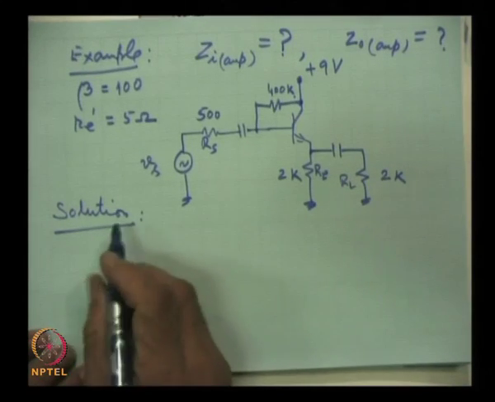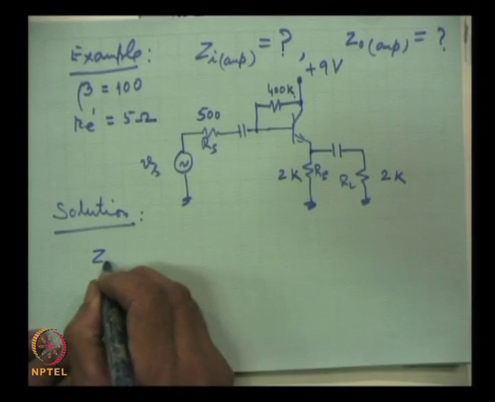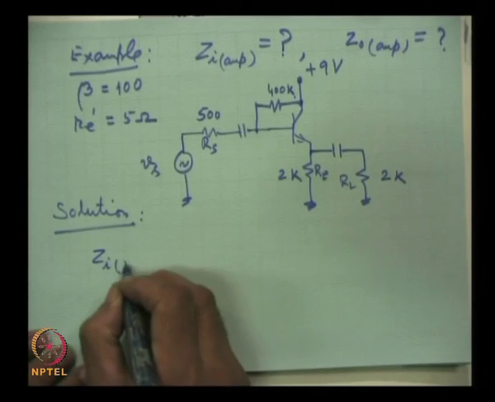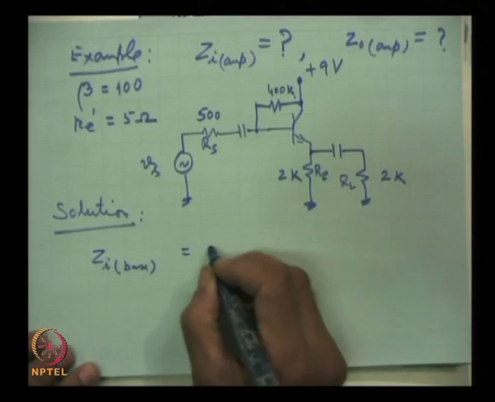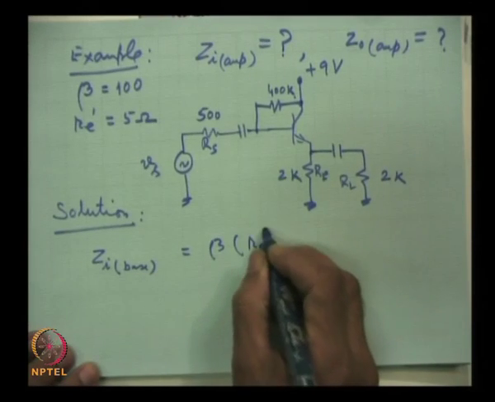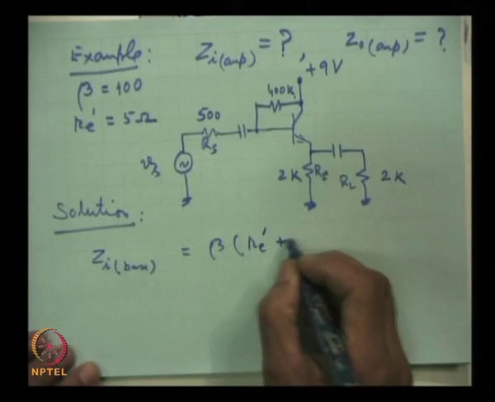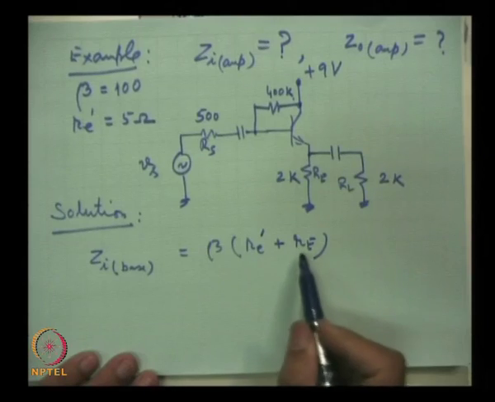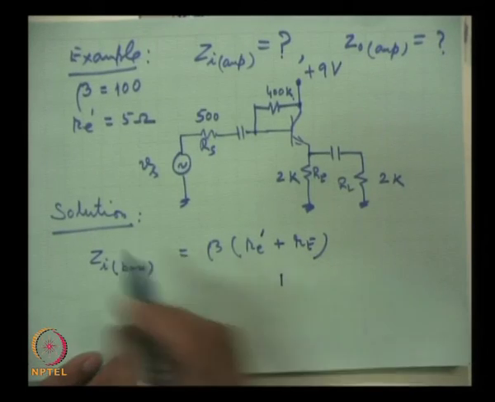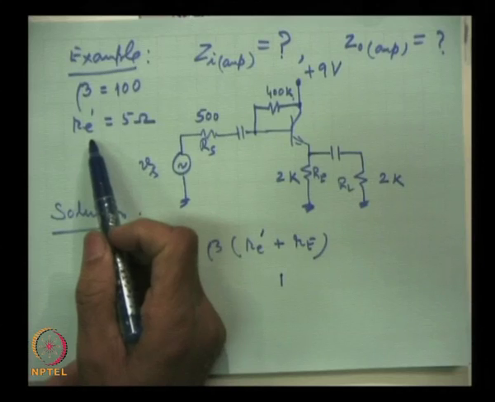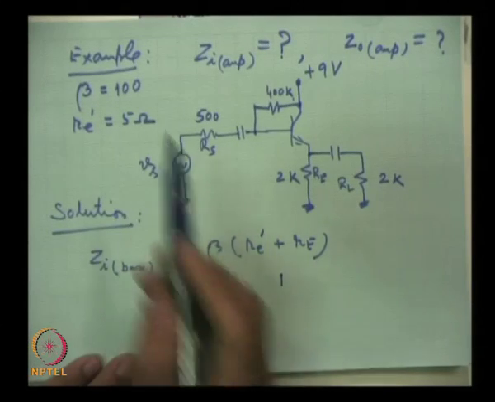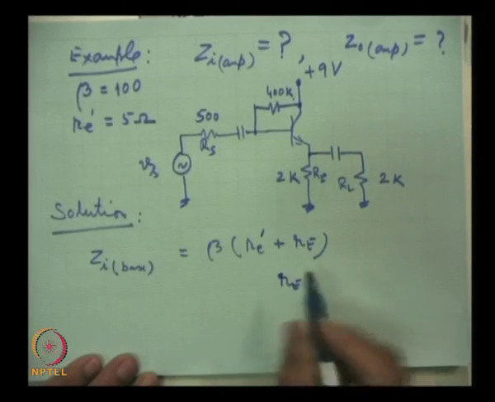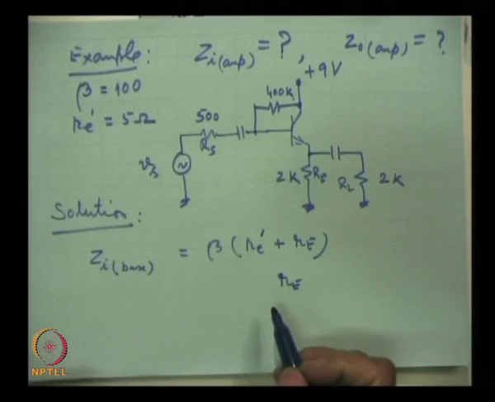Above we derived an expression for Z in base, and this was equal to beta times Re prime plus Re. So, Re prime is given, that is the dynamic emitter resistance, which is given as 5 ohms, and Re is the effective impedance as seen by the emitter of the transistor.